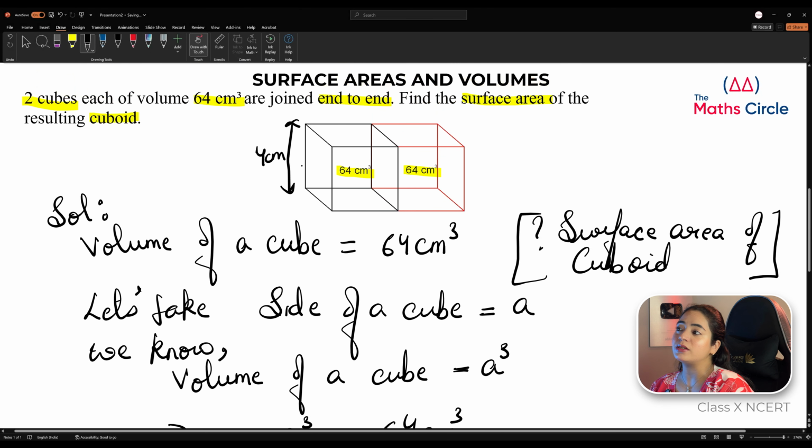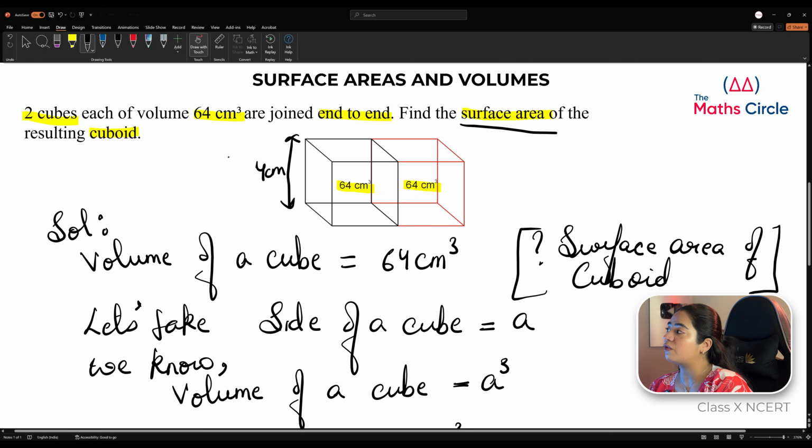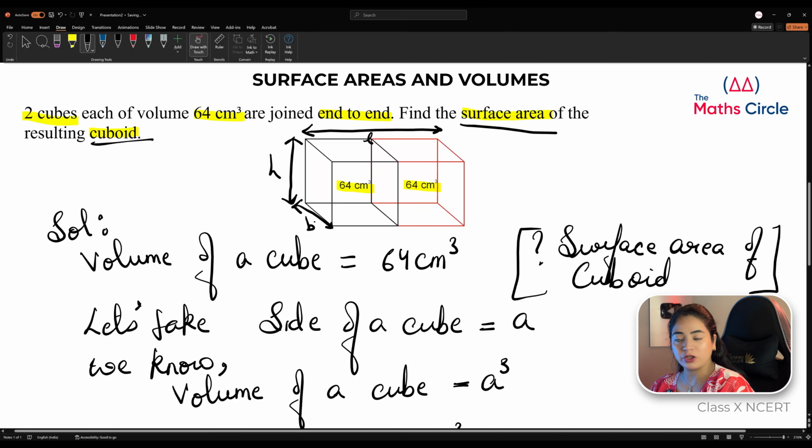Now the question was to find surface area of the resulting cuboid. If we try to find all the dimensions of this cuboid carefully, what we need to do is find length, height and breadth of this cuboid.